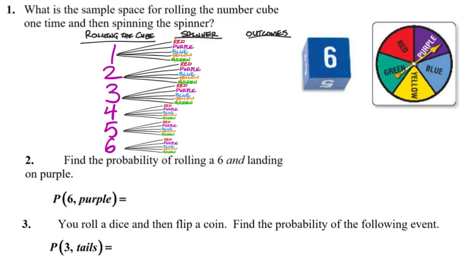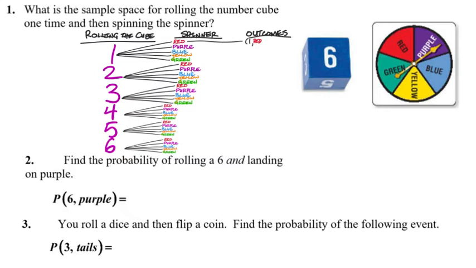So we get all these different outcomes from here, and you may be thinking, well, that's a lot of outcomes. That's true, but it's not difficult for us. For example, if you rolled a 1 and then red, you'd have the outcome of 1 and then red. So let's put that in there, 1 and then red.